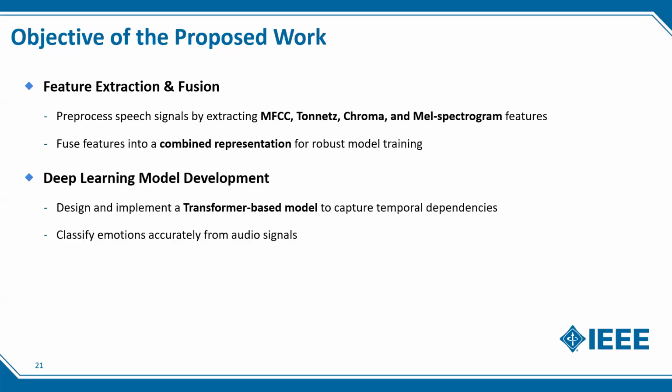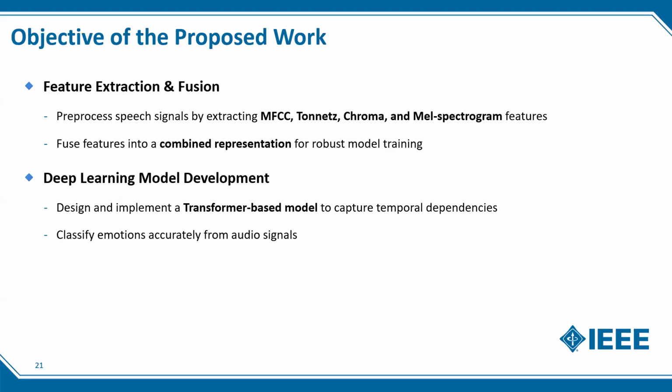And another feature is the Tonnetz feature, the tonal centroid feature. It represents the harmonic relationships, for example, chords, keys, etc. in speech. It is widely used in music for emotion or genre analysis.